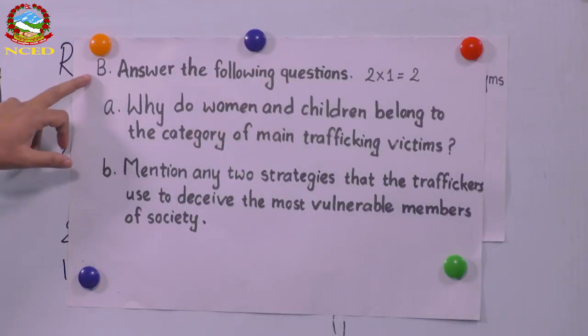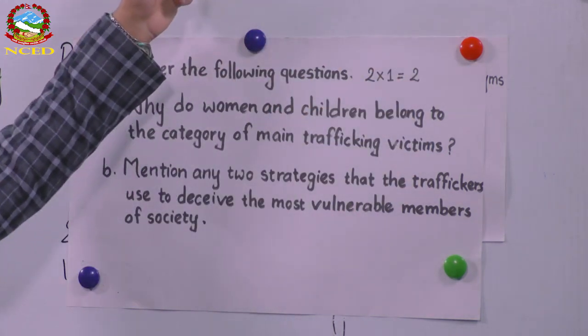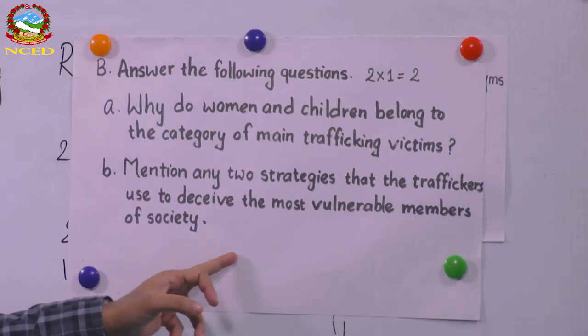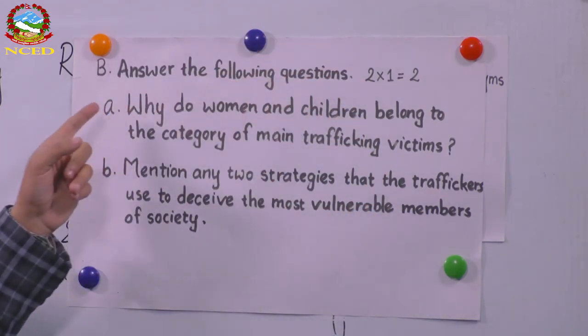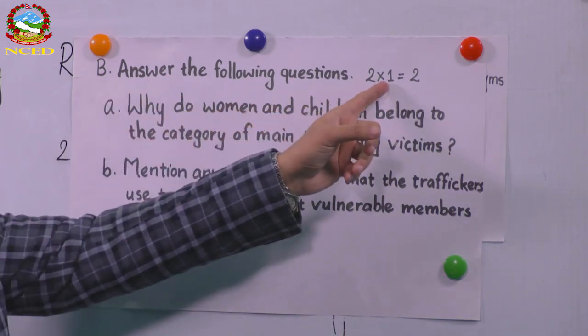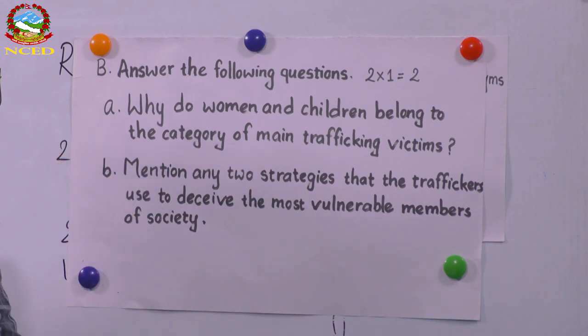Remember, this is question number B. 2 into 1. We did 3 marks in the matching exercise, and 2 marks here in question answer. So each correct answer will cover 1 mark. Remember, you have to try to give a full sentence answer, a complete answer.